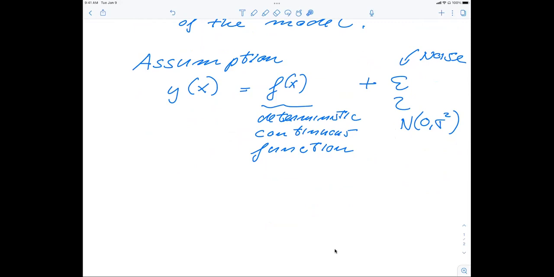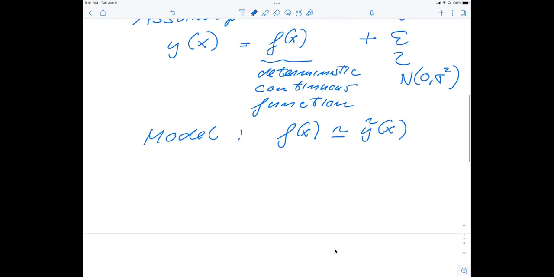But then we make the model, and this model which we're going to make now is an approximation to f of x. So we're going to assume that f of x is being approximated with a y tilde of x. And then we have to train a model. If we look at this specific model, we are going to introduce some quantities.